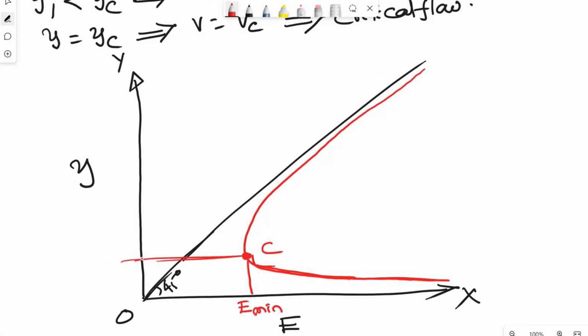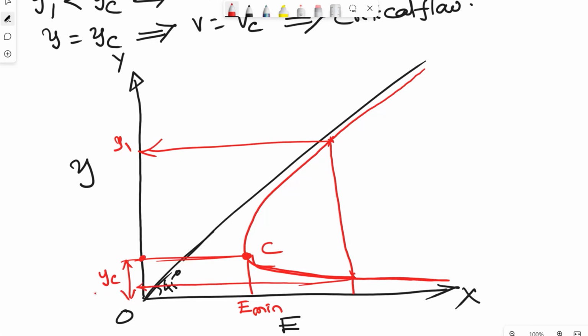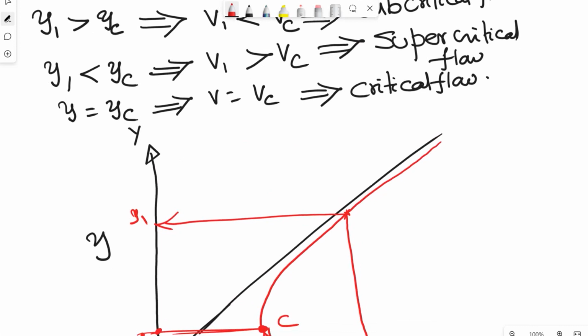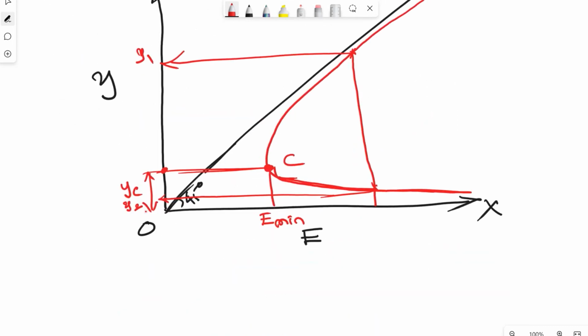Corresponding to this point is what we call Yc. You take any other point, and there will be two depths. One is y1, the other one is y2. Y1 is greater than Yc, and Y2 is less than Yc.